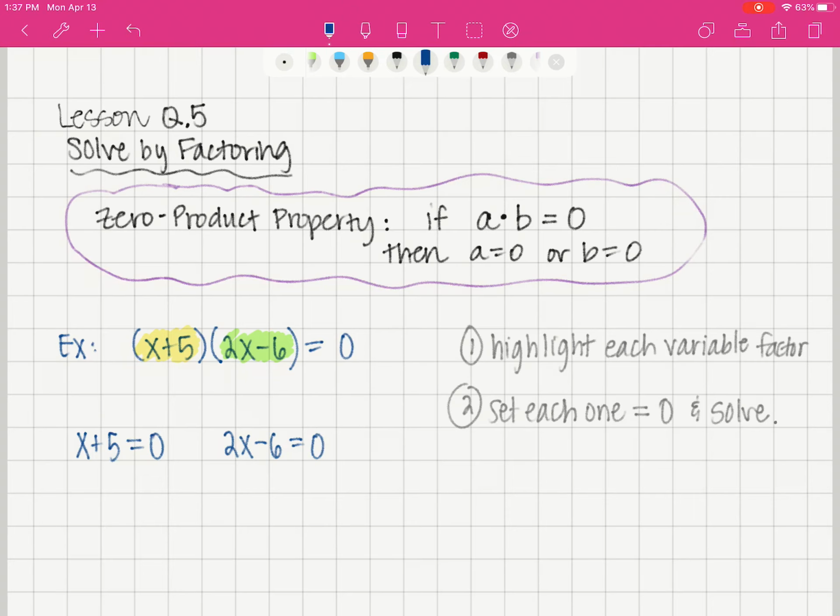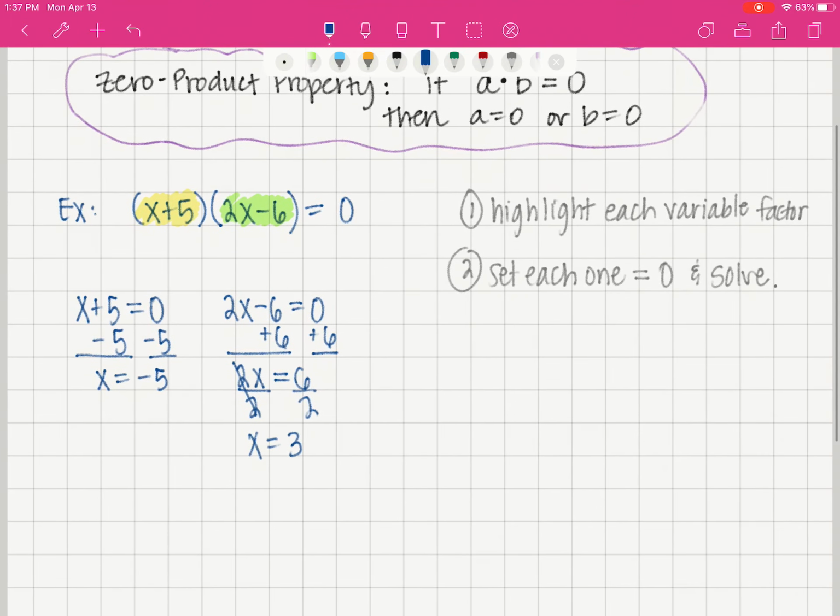X plus 5 equals 0. I subtract 5 from both sides, and I get x equals negative 5. 2x minus 6 equals 0. We add 6 to both sides. 2x equals 6. Divide both sides by 2, and x equals 3.